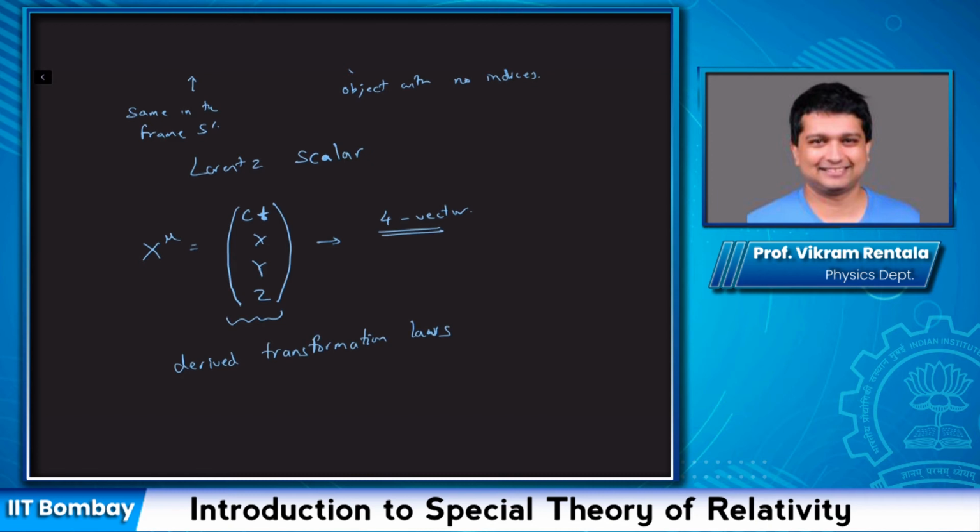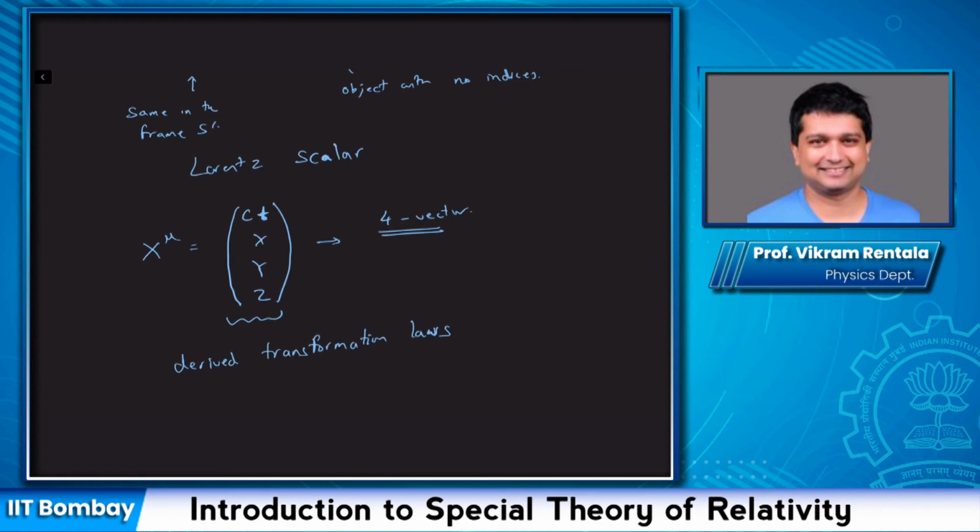But in some cases, you might just have to guess what the correct transformation law is, and nature will tell you whether this is the right transformation law for the collection of objects that you're trying to describe. So it's not always possible to derive transformation laws. Sometimes you have to guess what the correct transformation law is.